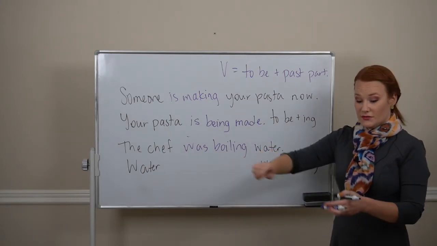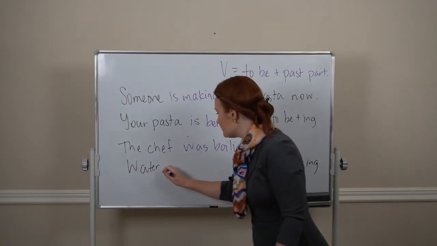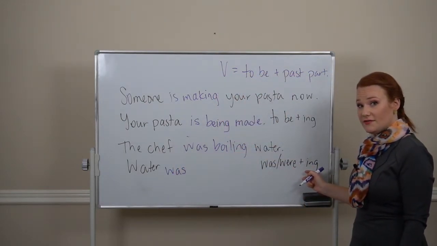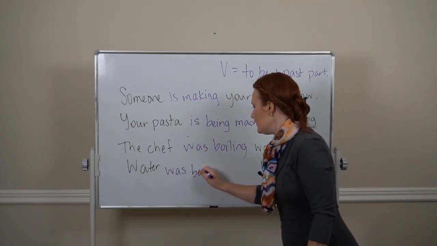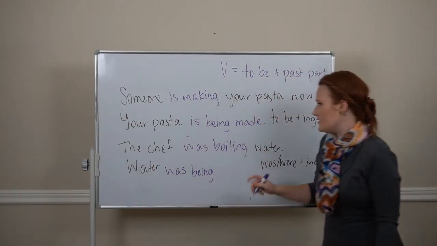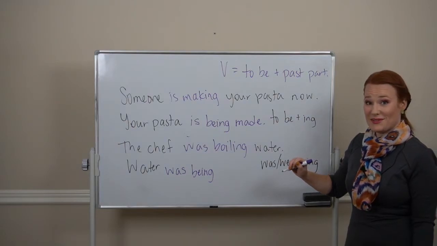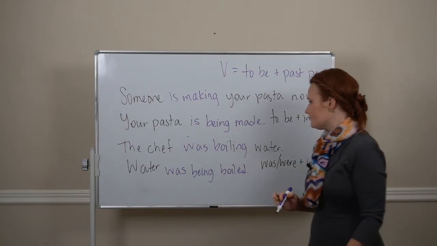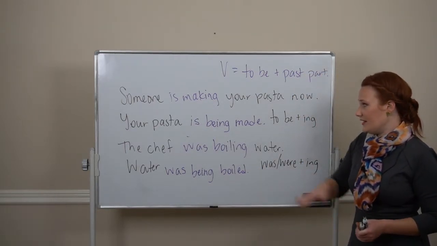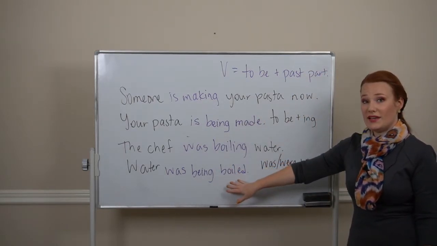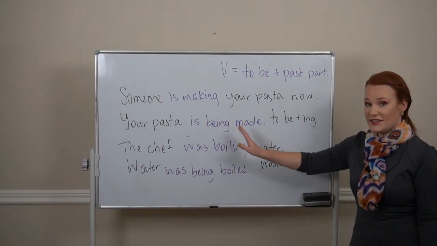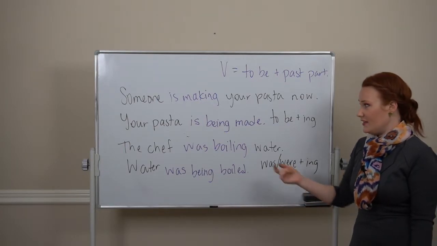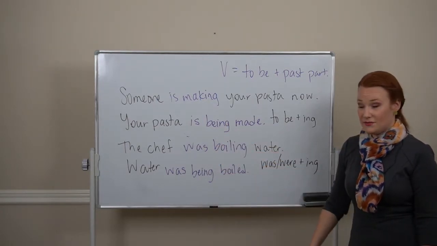So with water, we'll use was. Then again, the ing form of to be, was being. And the past participle of our main verb, boiled. All right, is being made, was being boiled. It's just present continuous and past continuous plus that past participle on the end, and we need to be in the middle.